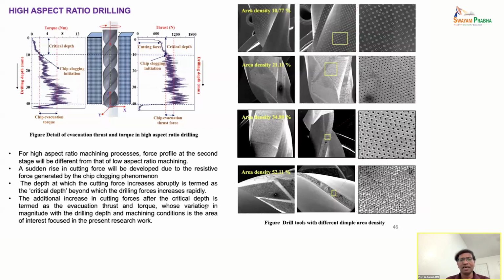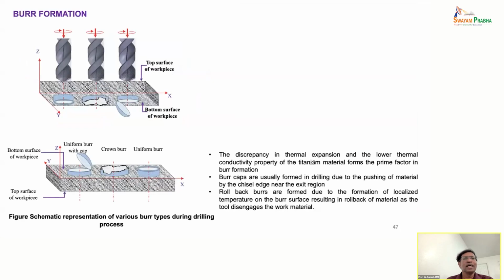Again, if it is a non-textured tool, we will not be able to go much deeper and the tool wear will be bad. But by using these kind of textures, we can improve all the characteristics we are looking at. And even the burr formation.